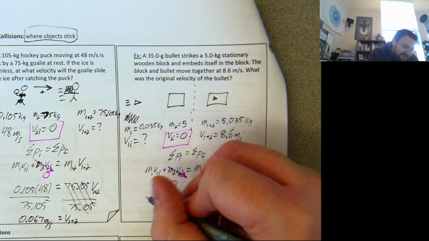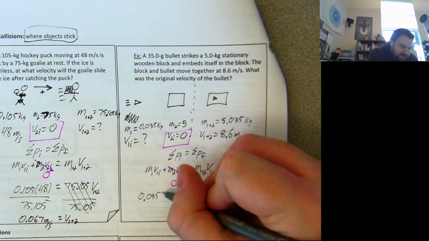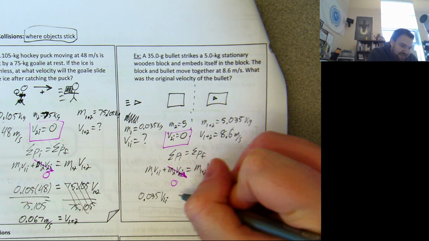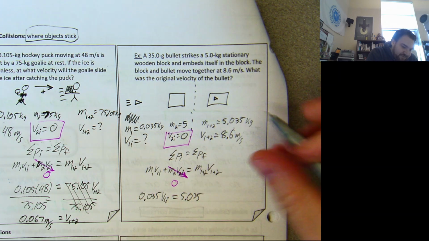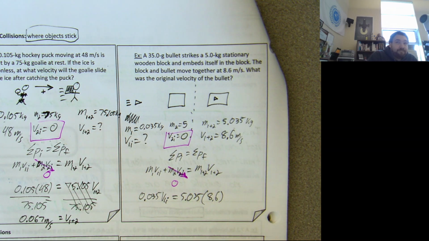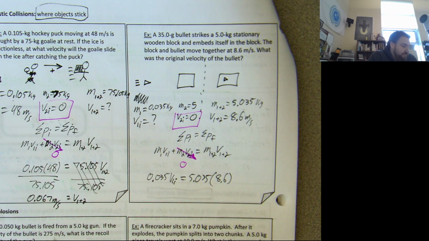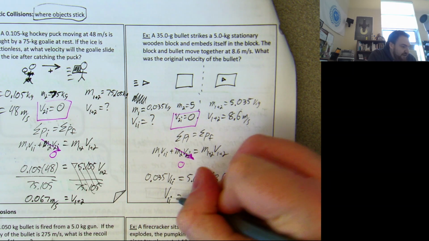So we're going to get 0.035 v1 initial equals 5.035 times 8.6. So v1 initial is going to equal what?